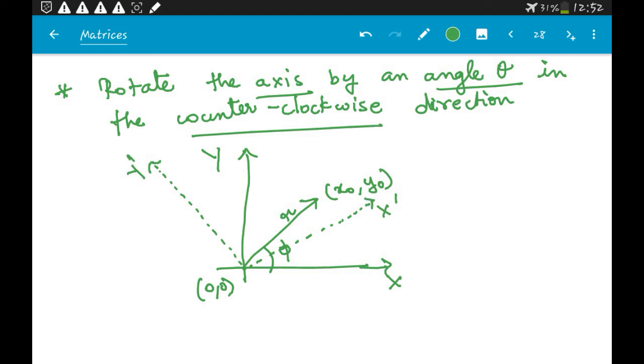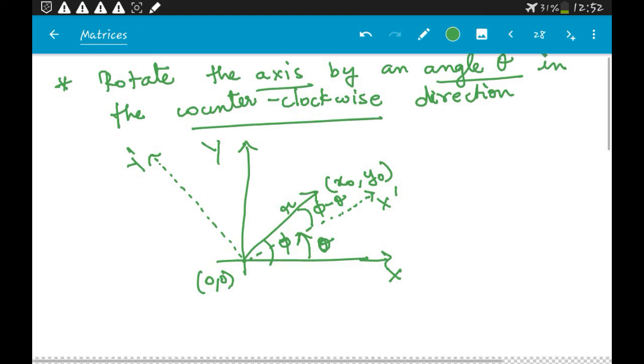We rotated it by an angle theta, which means this angle was theta. Then the angle in between these two becomes phi minus theta. So this is our setup.